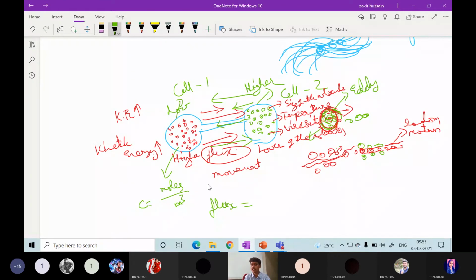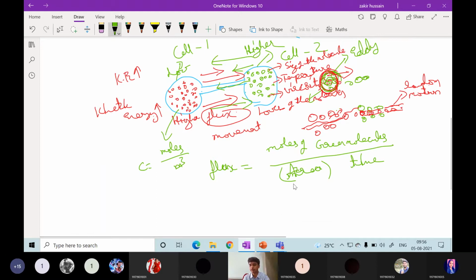Flux is nothing but moles of molecules, for example moles of green molecules or green particles, traveling from one region, the higher concentration region, to the lower concentration region, per unit surface area. The area available to travel is measured in meter square, per unit time. That is called flux.